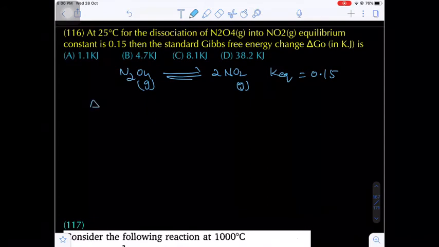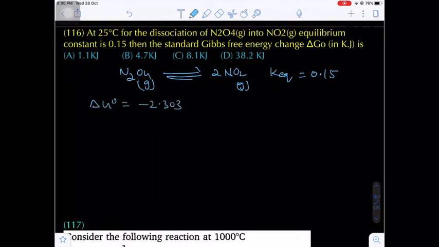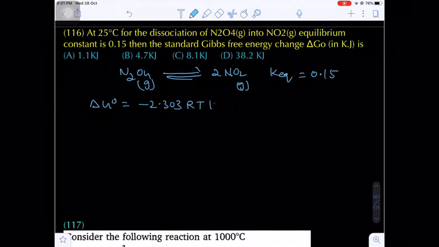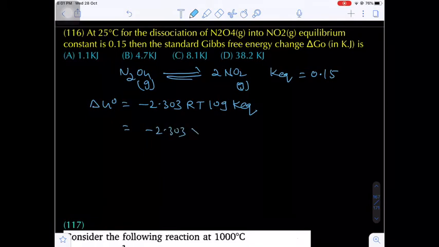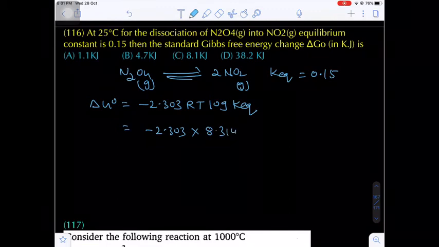Again the formula: delta G naught equals minus 2.303 RT logarithm of K equilibrium. What R value do I have to take in terms of kilojoule? That will be 8.314 divided by 1000.